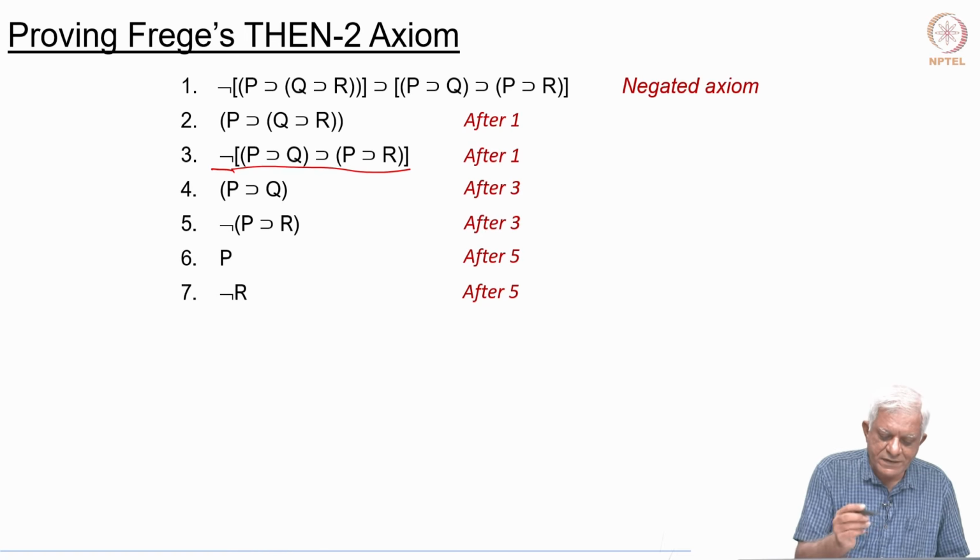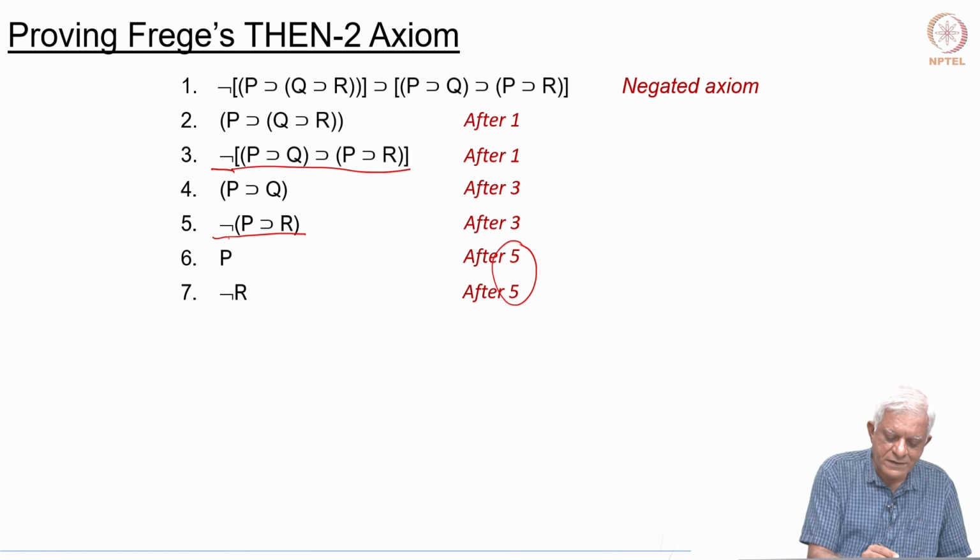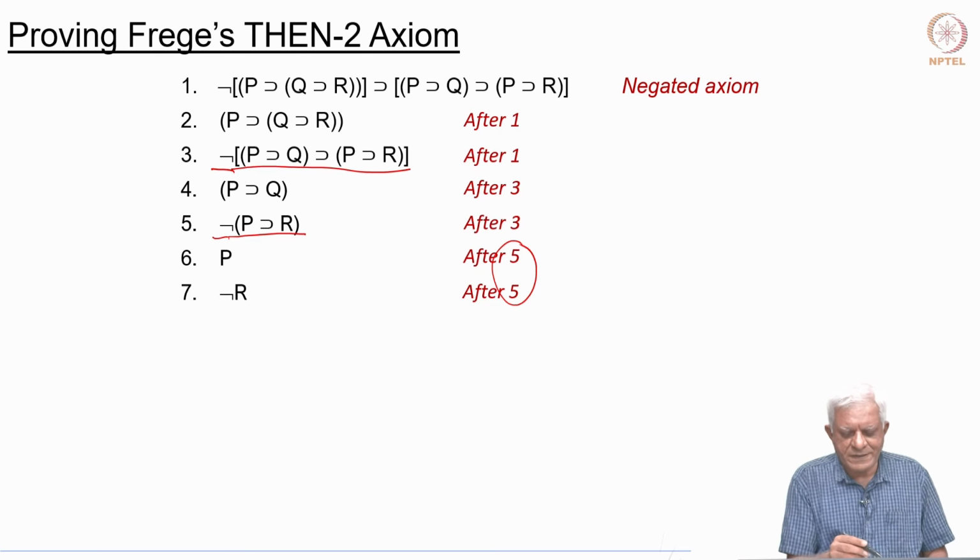Then instead of processing 2, we are processing 5 as is mentioned here, and 5 says that P must be true or not R must be true. To make P implies R false, you have to make P true and R false.